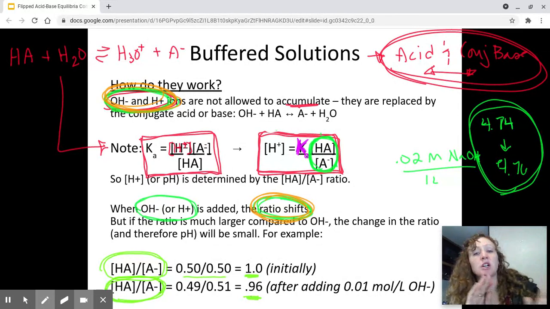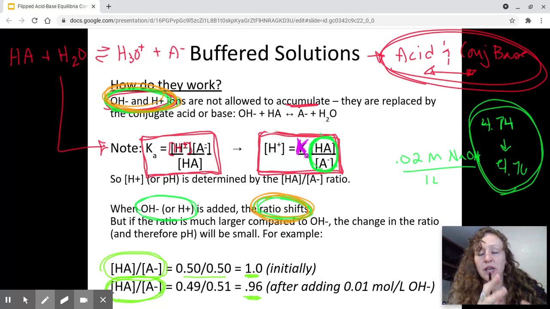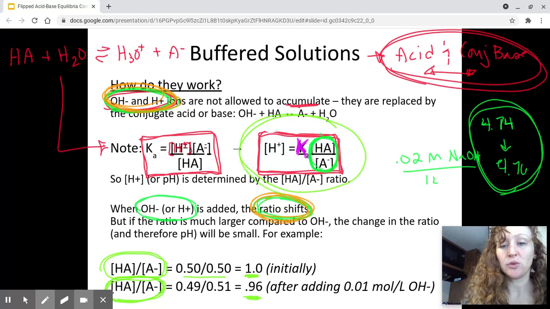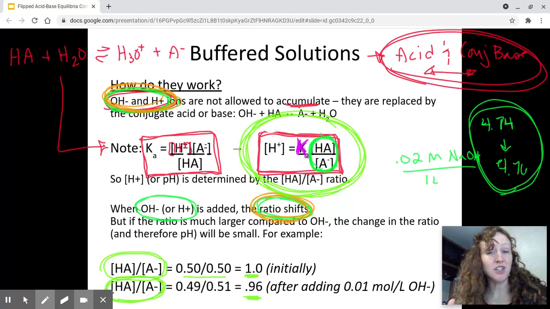So the ratio changed, therefore the pH changed, but it didn't change as drastically as it would have if those hydroxide ions were allowed to accumulate. So mathematically, this is your explanation as to why buffered solutions work. It comes down to this relationship, and so much can be explained through this relationship.